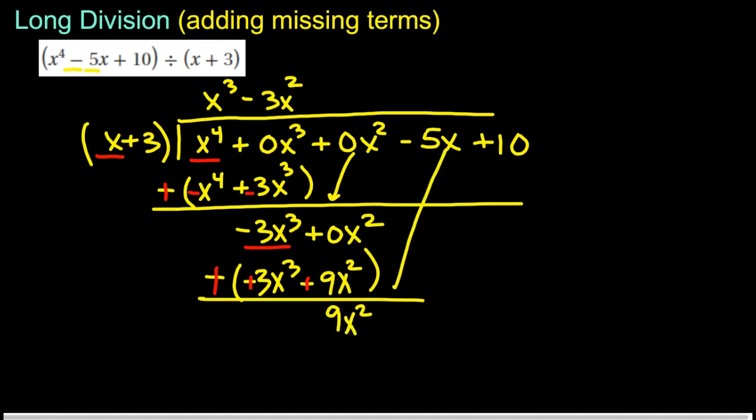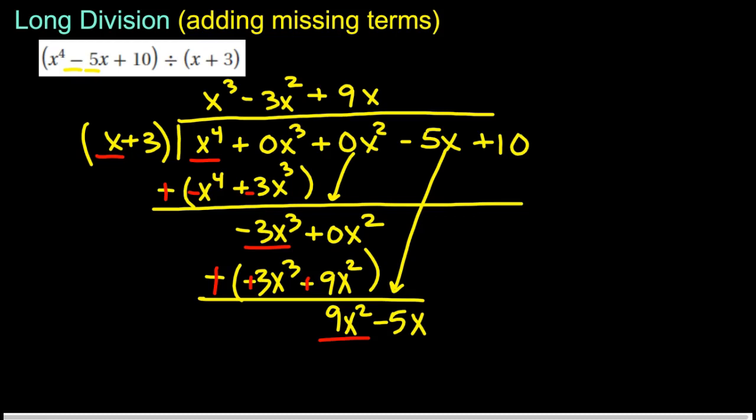Bring down my next term, which is a negative 5x. Start that process over again. What times x is 9x squared? Plus 9x. And look, the terms in the answer are going down in degree one at a time, right? X cubed, x squared, 9x.